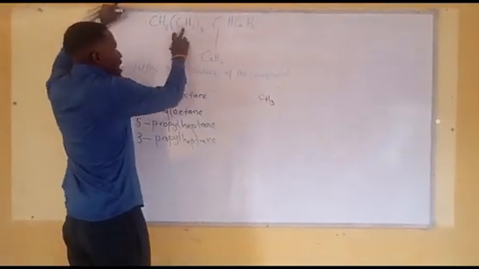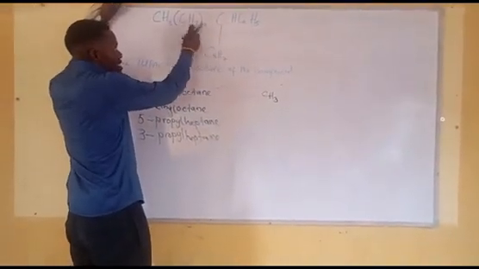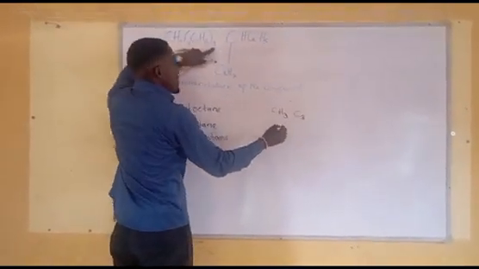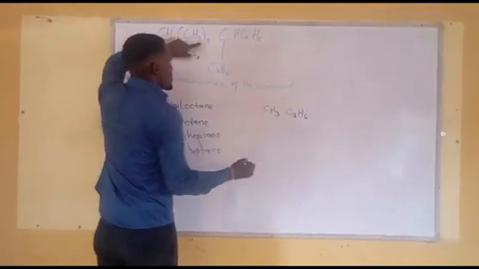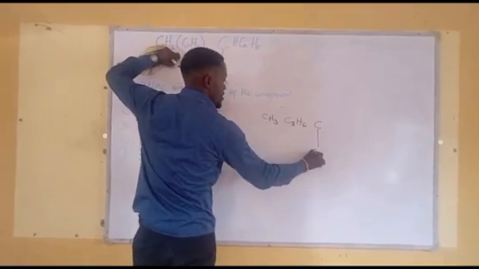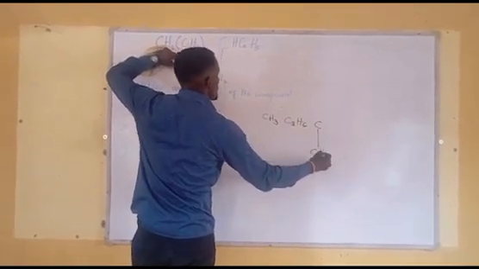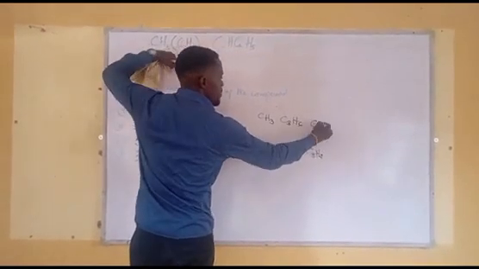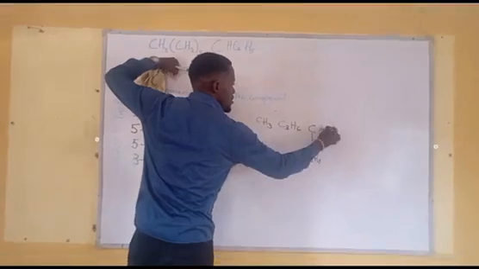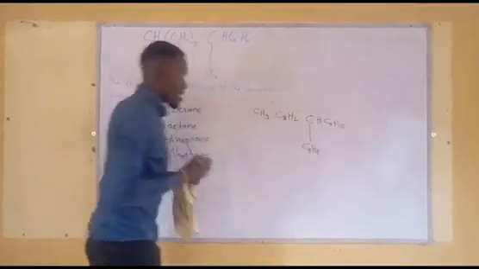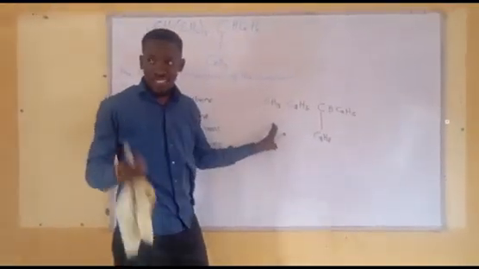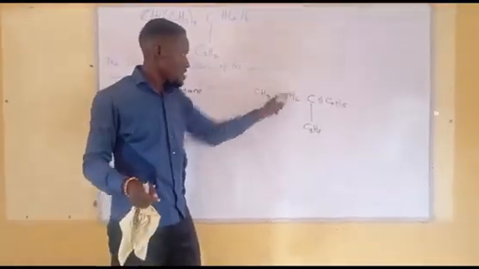How many carbons do you have here? 1. 1 times 3 will give you 3, so we have C3. 2 times 3, H6. Then to this next one, C, then we have C3H7. Then we have C2H5. Now we have counted the first one, the straight line. That one gives us 7, right? So let's now count downwards.